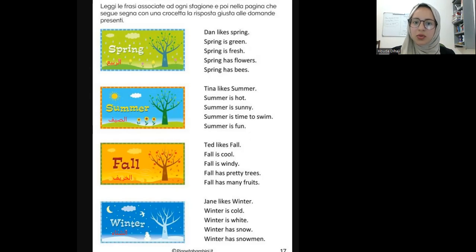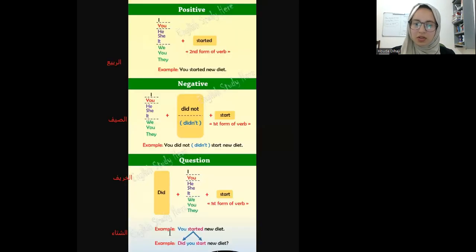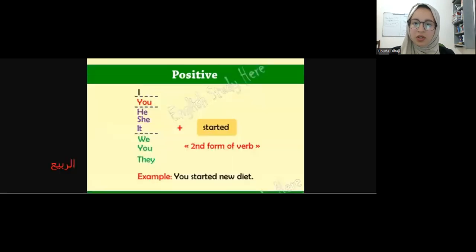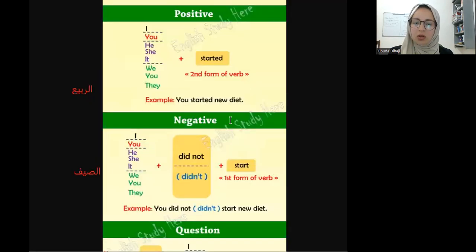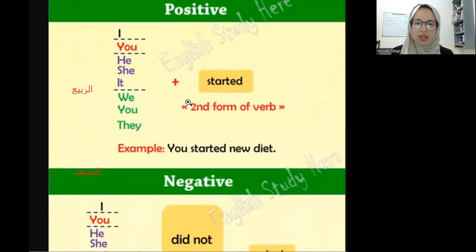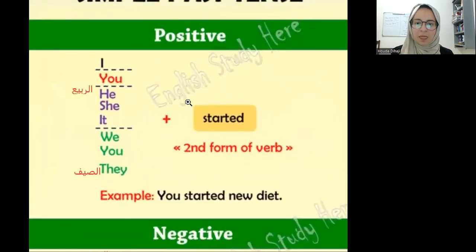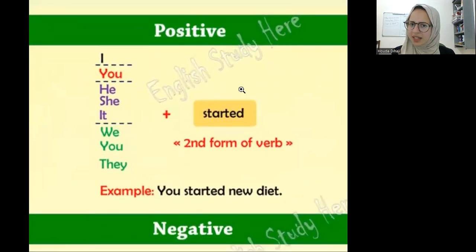Now let's move to the grammar lesson for today. It is the past simple. We will cover the positive form, the negative form, and the question form. The class of today is going to be very, very interesting. Okay, so past simple.